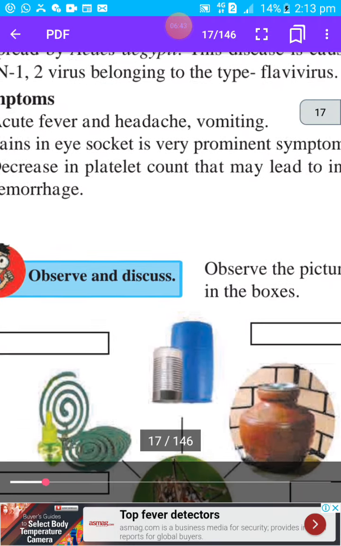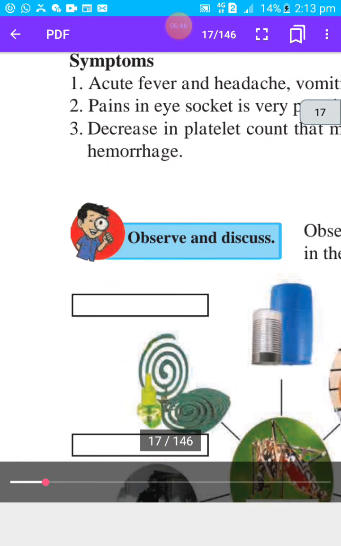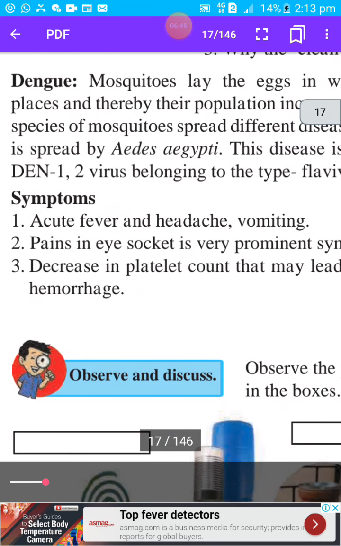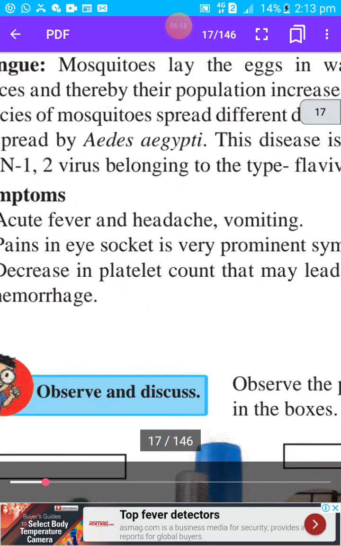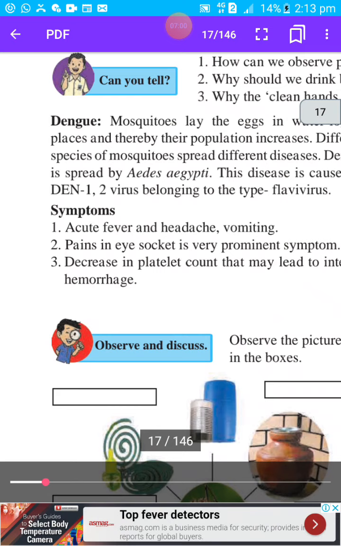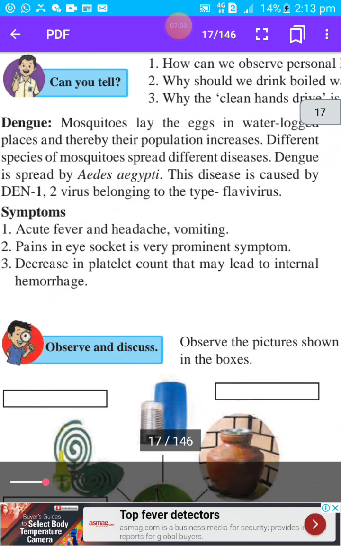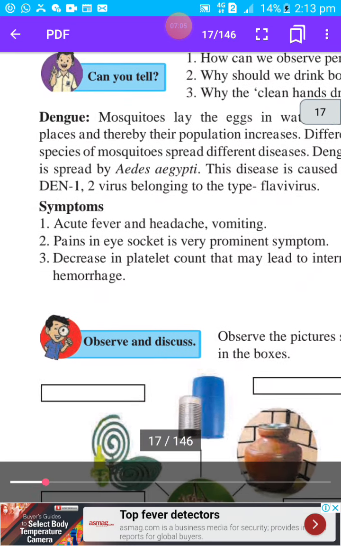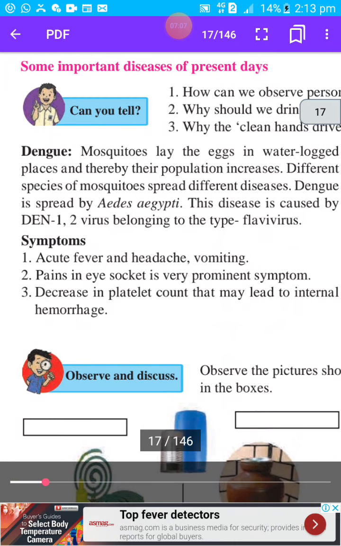Then a decrease in platelet count may lead to internal hemorrhage, means bleeding inside the body. Platelets are part of our blood. So the platelets will decrease and there may be internal bleeding. Hemorrhage means bleeding. So if there is acute fever, headache, vomiting, then pain in the eye socket, then there is a possibility of dengue.